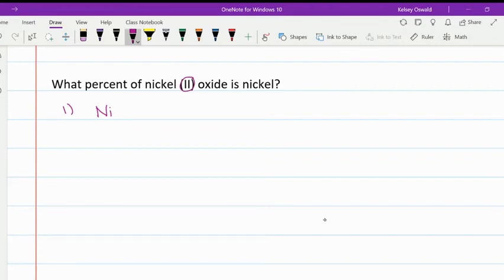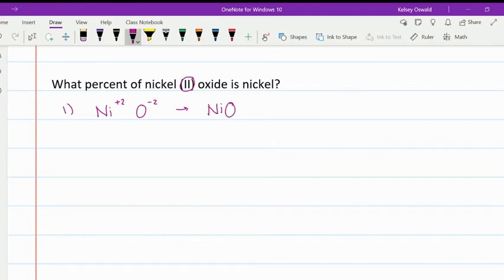So this nickel has a charge of +2, and it's bonded with oxygen, and we know oxygen always forms a charge of -2. We're lucky here because our charge is already balanced, so we only need one nickel and one oxygen for our formula, which ends up being NiO.